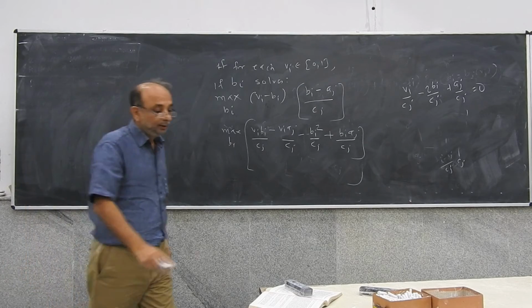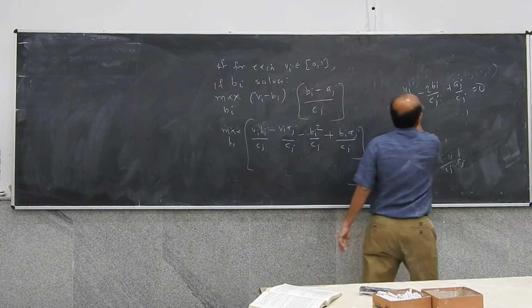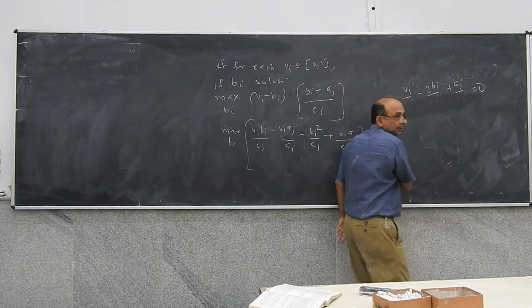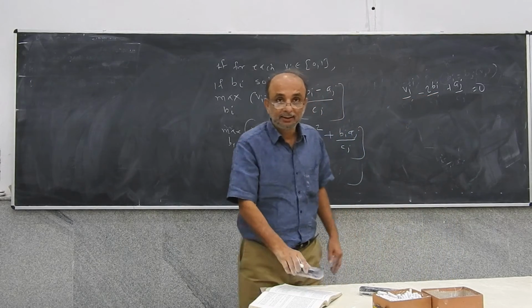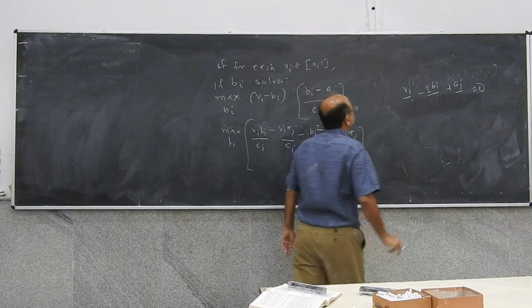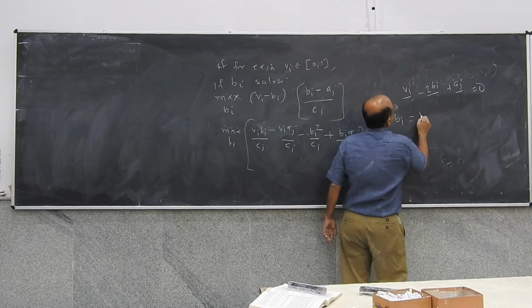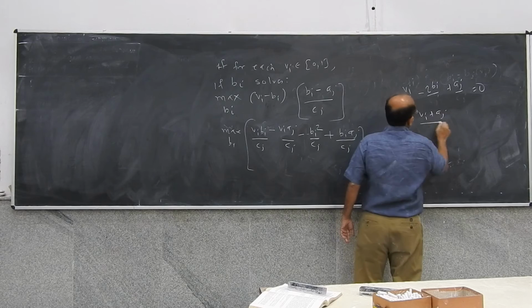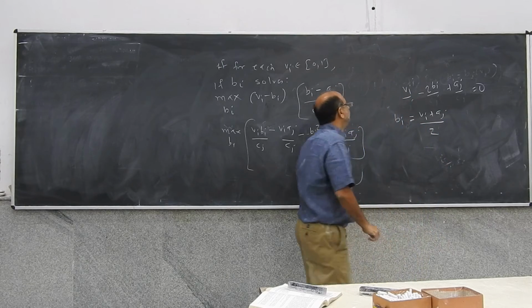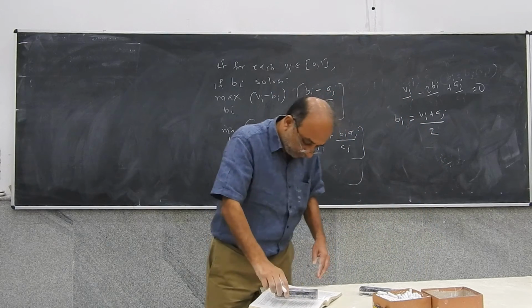Given this first order condition, I can take out Cj from all sides and multiply throughout by Cj. What do I then get? Bi is equal to Vj plus Aj upon 2.